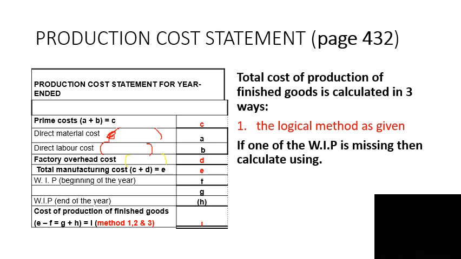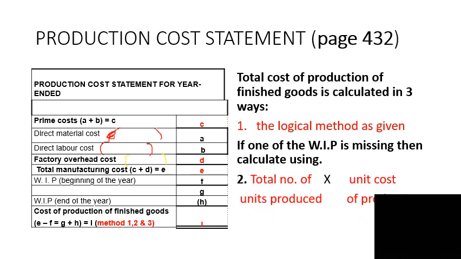If work in process is missing at the beginning or at the end, it makes method 1 impossible. Therefore, you have to try other methods of calculating cost of production of finished goods. Then you will be working backwards to find your missing amount for the work in process.